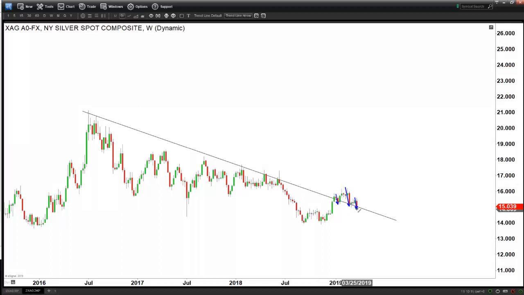This is now the 3rd time, but again, it doesn't necessarily mean we cannot see a little bit more downside.